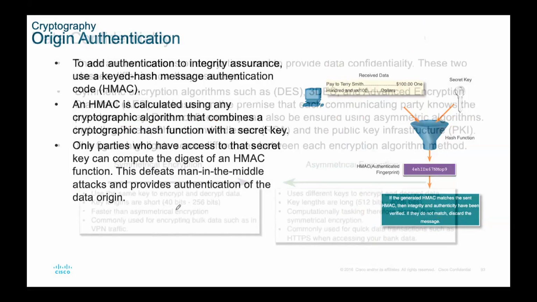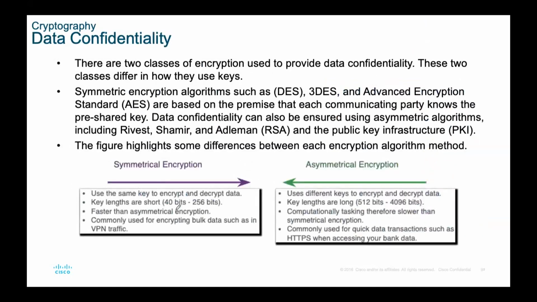Data confidentiality. There are two classes of encryption used to provide data confidentiality. These two classes differ in how they use keys. Symmetric encryption algorithms such as DES, 3DES, and Advanced Encryption Standard, AES, are based on the premise that each communicating party knows the pre-shared key.